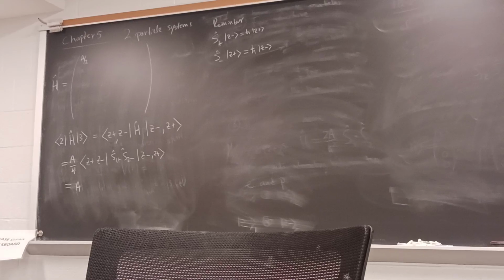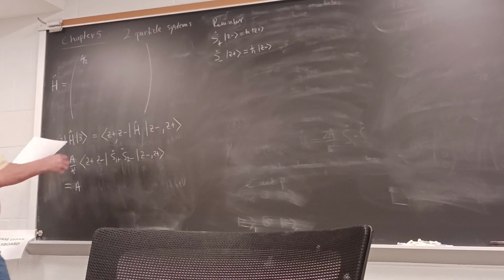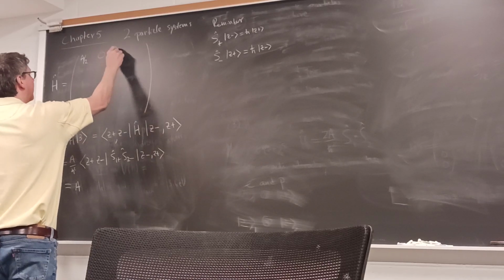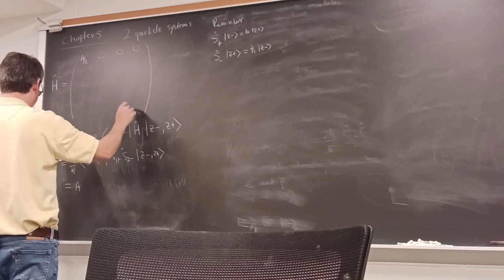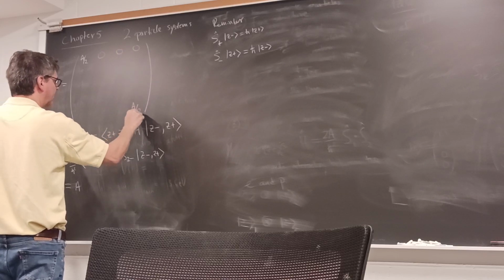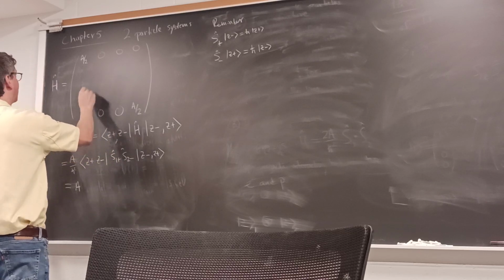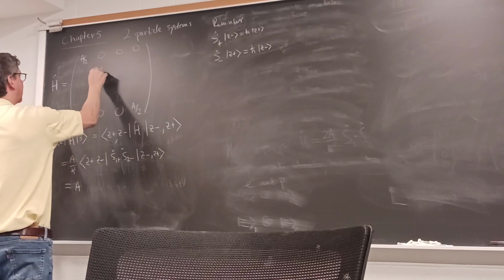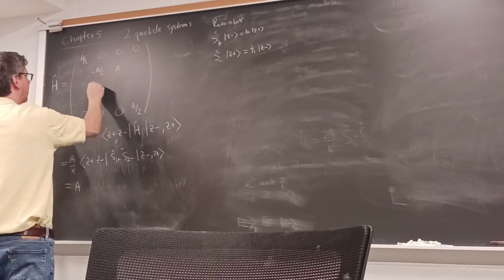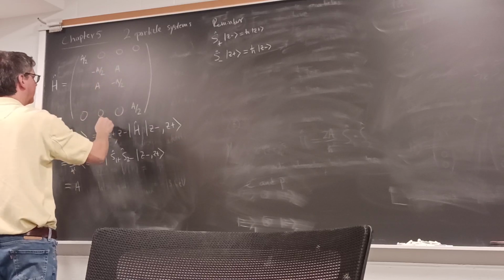And let me fill out the rest of the matrix here. So we have A over 2, 0, 0, 0. There's an A over 2 in the lower corner. 0, 0, 0. And then we have minus A over 2, A, A, minus A over 2.